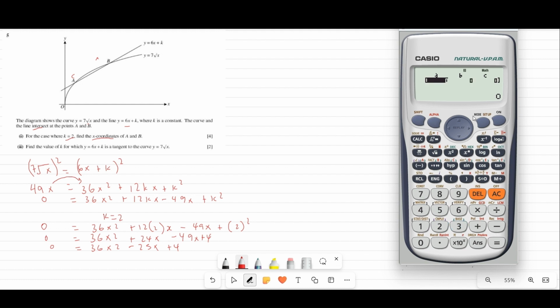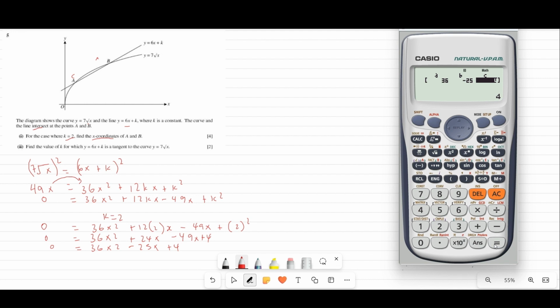Now all we need to do is to enter the coefficients a and b, then our constant c. Our a from the question is 36. We hit equal. Then our b is negative 25. We hit equal. Then our constant is 4. The moment I hit equal here, I get the two solutions of x.